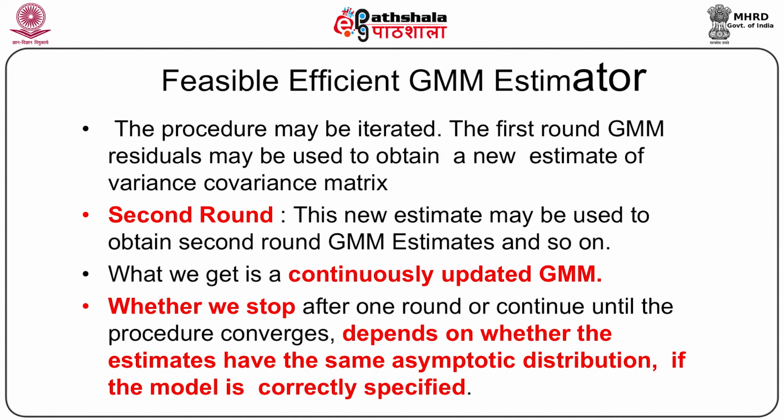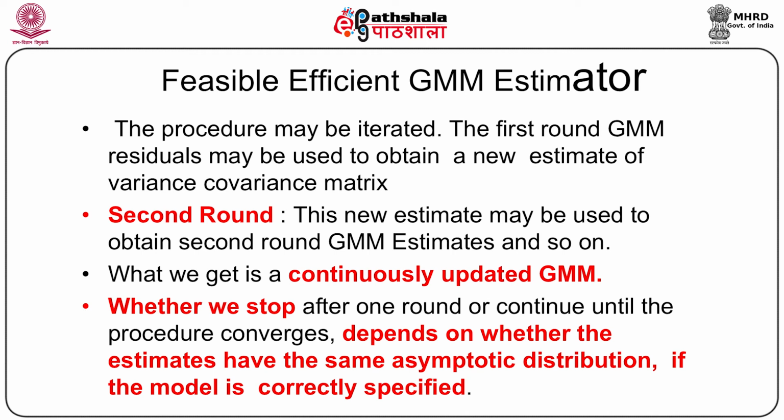Once we obtain the values of the HAC estimator, in the second round we obtain the new estimate of GMM, and what we get is a continuously updated GMM. Now where to stop?